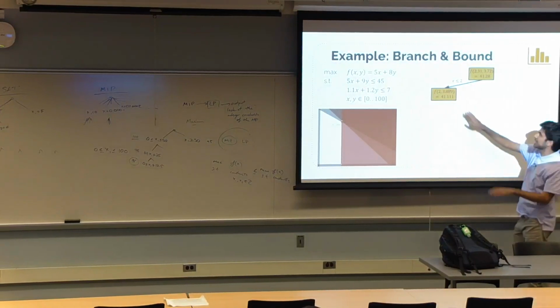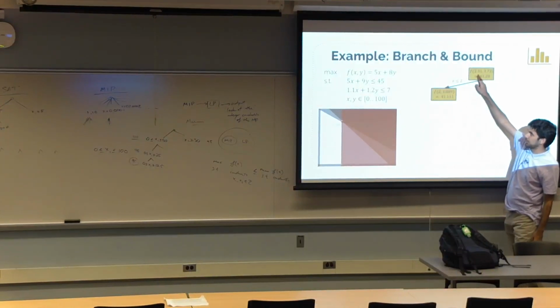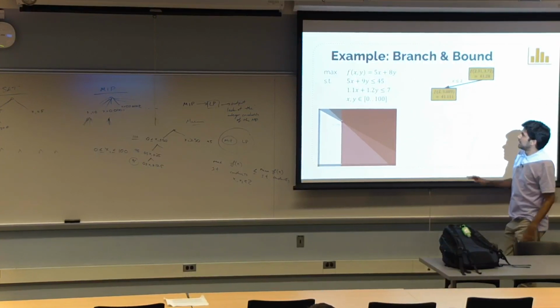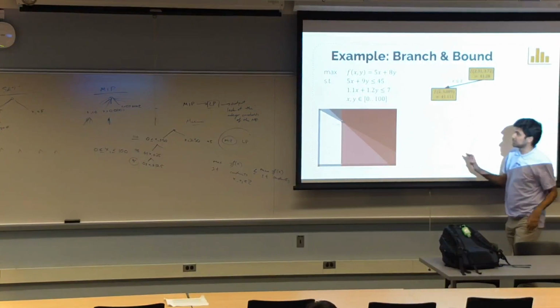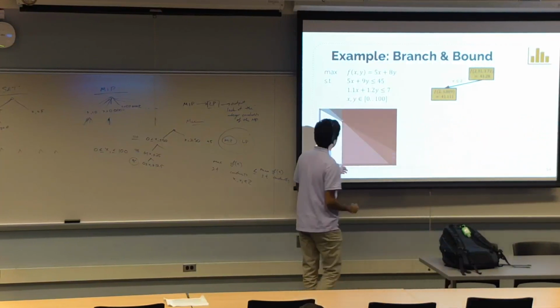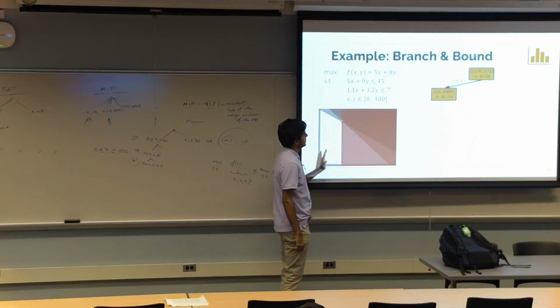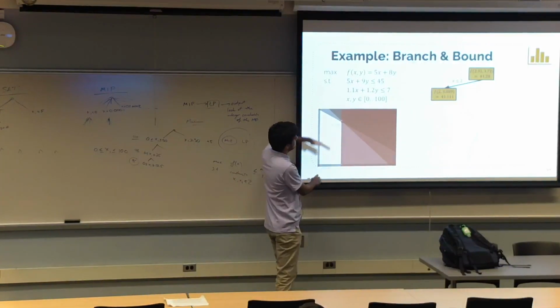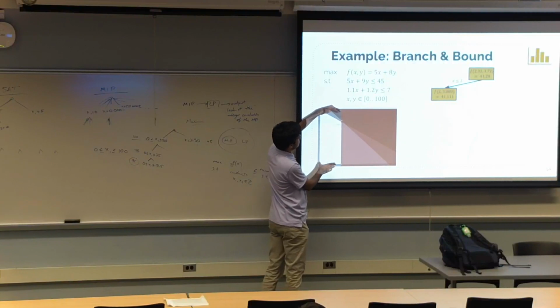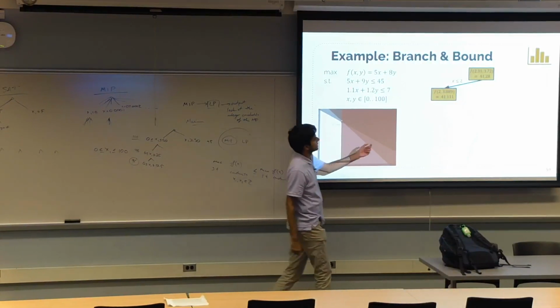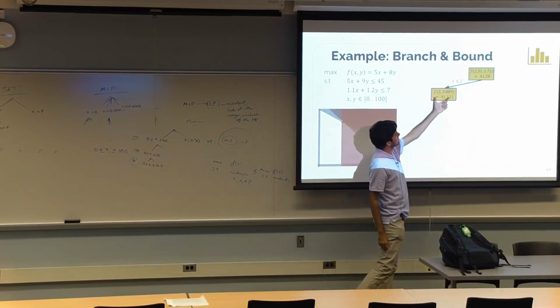On one branch, we'll check x less than or equal to the floor of it, 2, and the other branch would be x greater than or equal to 3, the ceiling of it. So now we're just adding that as a constraint. We're saying, now look for x less than or equal to 2. Y still has free reign. With those new constraints, put it into the LP solver again and get a solution, which looks like this.